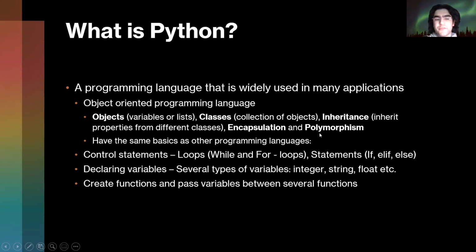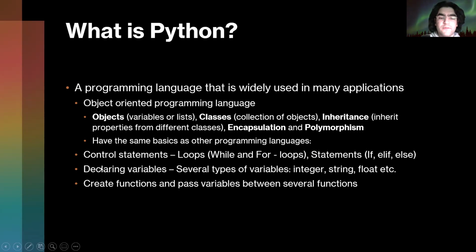Now, if you compare Python to the other programming languages, such as Java, it more or less has the same basics. The only difference is the syntax. So we have control statements, loops in this case. In Python, we have while and for loops. We also have conditional statements: if, elif, and else. And elif is basically else if.